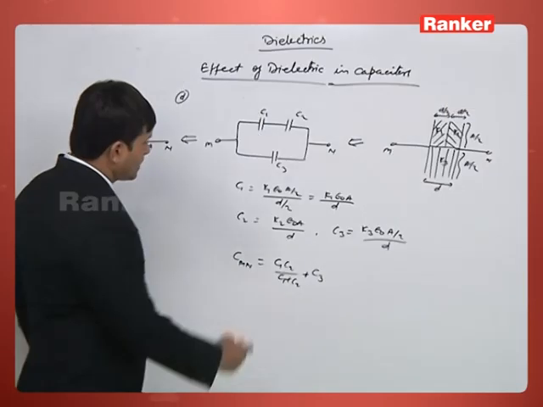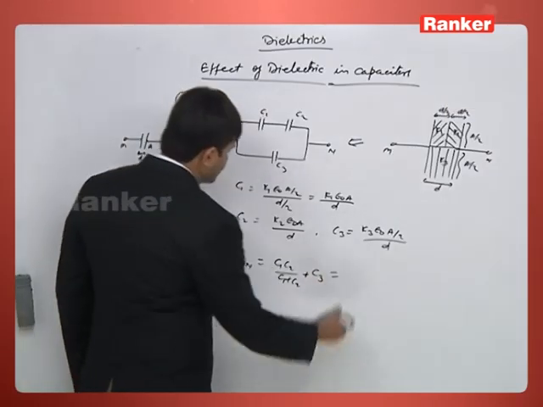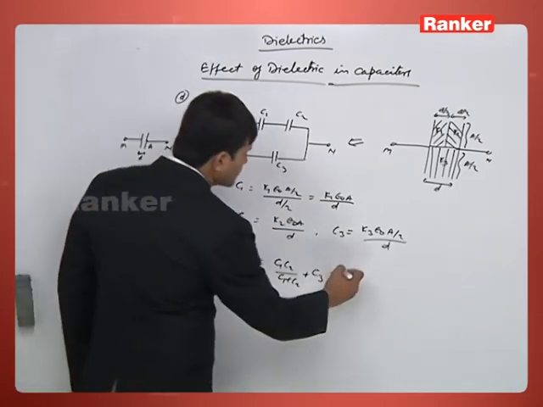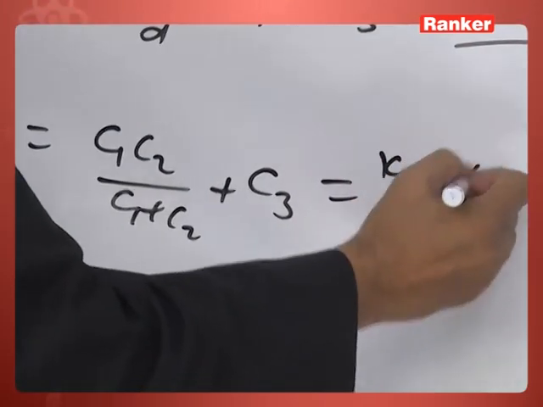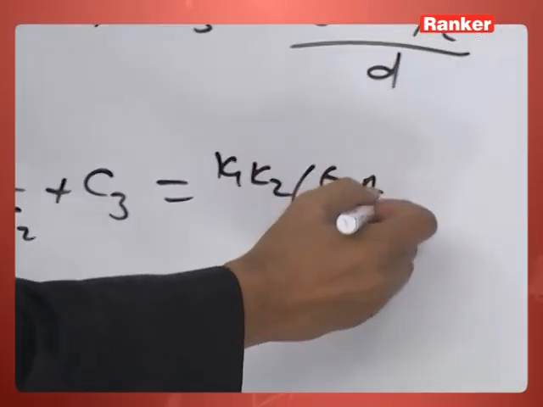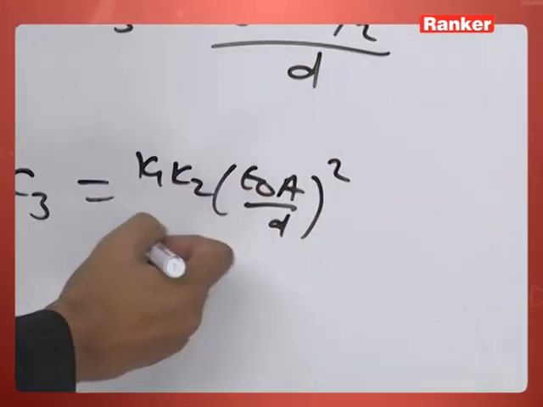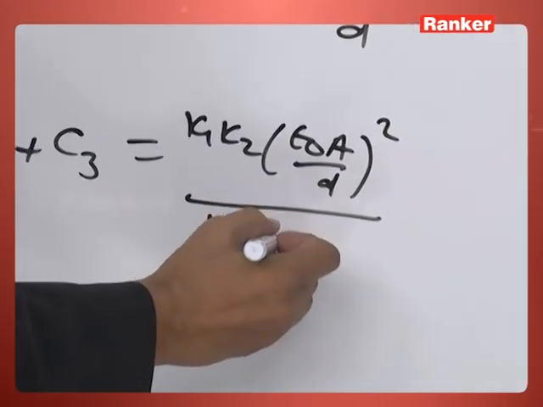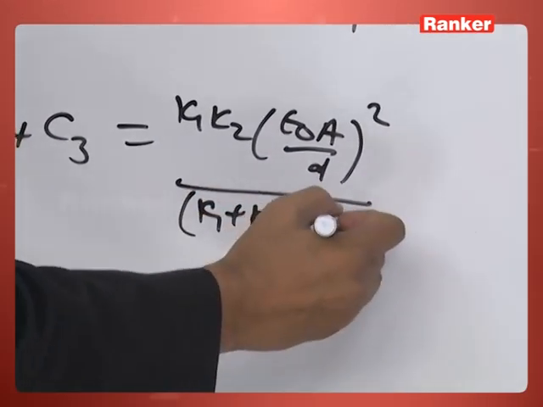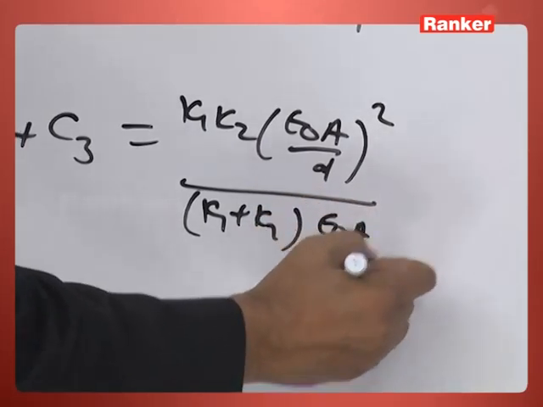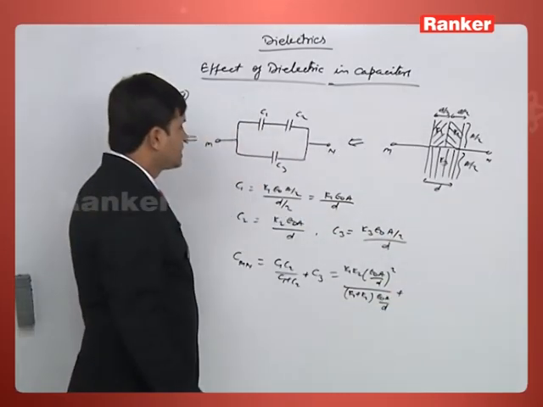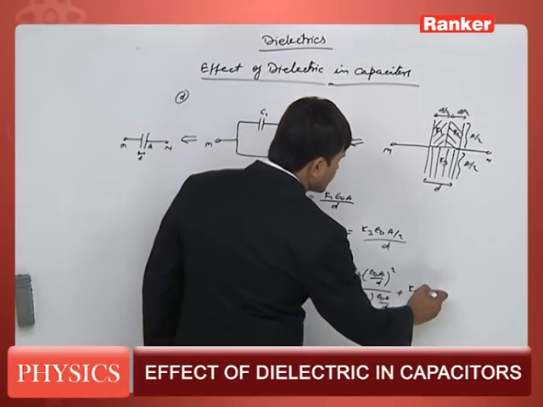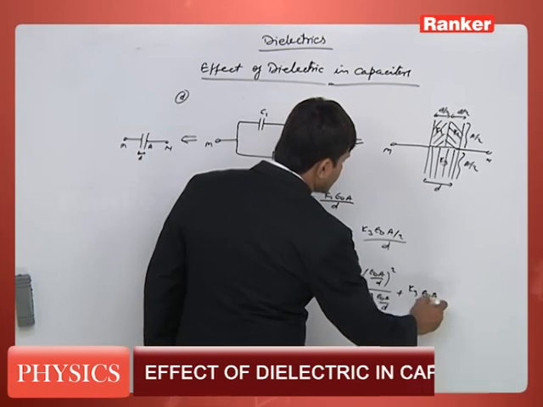See, first put the value here, C1 C2 by C1 plus C2. The C1 C2 here is K1 K2 epsilon naught A by D square, by C1 plus C2, K1 plus K2 epsilon naught A by D, plus C3. C3 is K3 epsilon naught A by 2D.